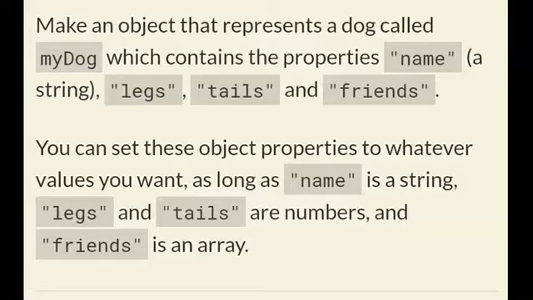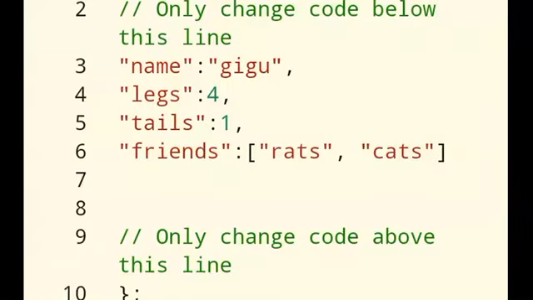So let's get started. Let's go to the code, the playground area. I've already typed something here because this is my previous exercise. Here you can see I have typed name as Gigu, legs 4, tails 1, friends, rats and cats.